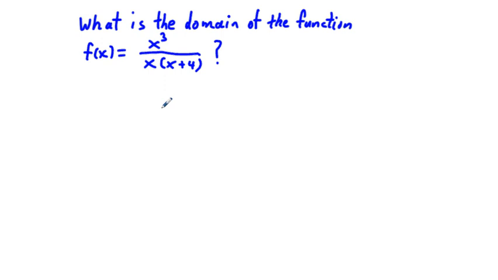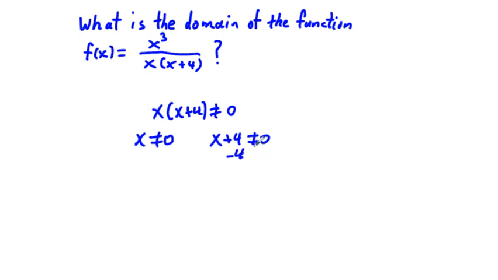So if we set our denominator not equal to 0, we would know through the zero factor property that x cannot equal 0, and also x plus 4 cannot equal 0. So therefore, x cannot equal 0, and x cannot equal -4. So they would be the exclusions to our domain.